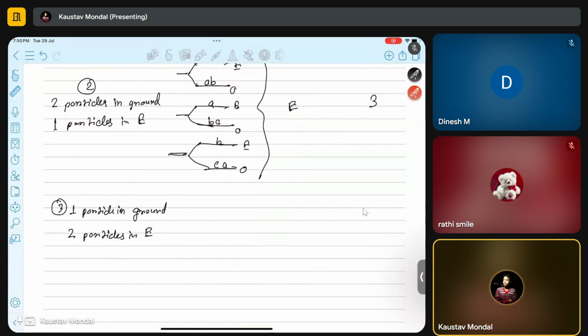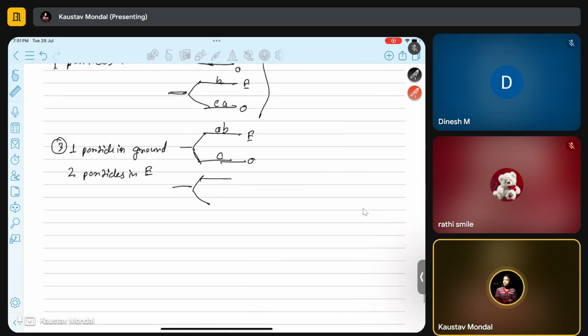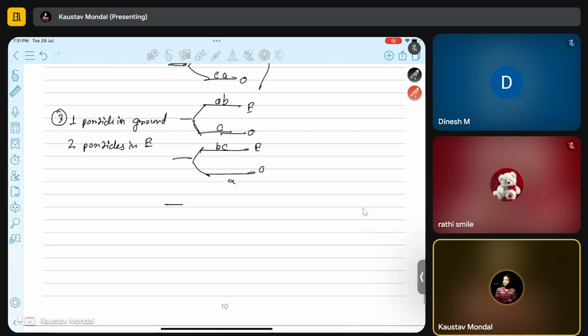The possible configurations are A, B, C, or B, C, A, or C, A, B. This is also three combinations.